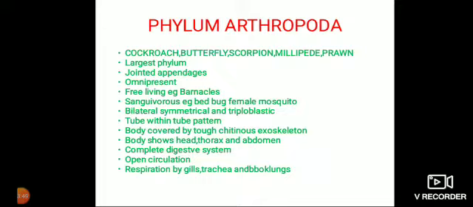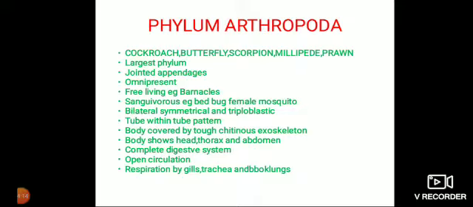They are bilaterally symmetrical and triploblastic, meaning the body shows ectoderm, endoderm, mesoderm. Body pattern is tube within tube pattern, and the body is covered by a tough chitinous exoskeleton, a sugary substance, chitin. Then the body is divided into head, thorax and abdomen.